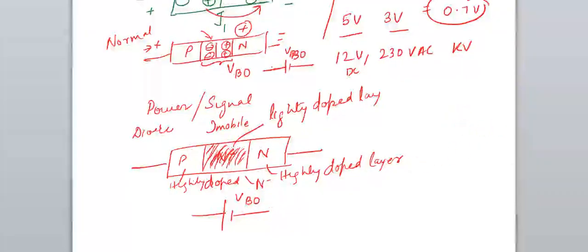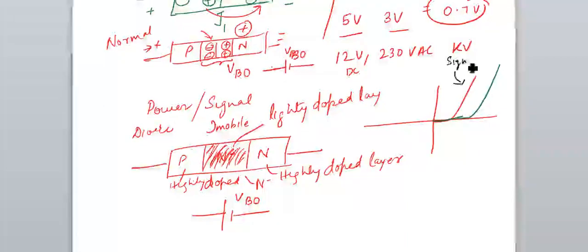So if you look at the characteristics, they are quite similar. You don't have any change in the characteristics. This is the characteristic of a diode for signal level, and this is the characteristic of a power diode, in forward bias condition. This is for signal, and this is for power.